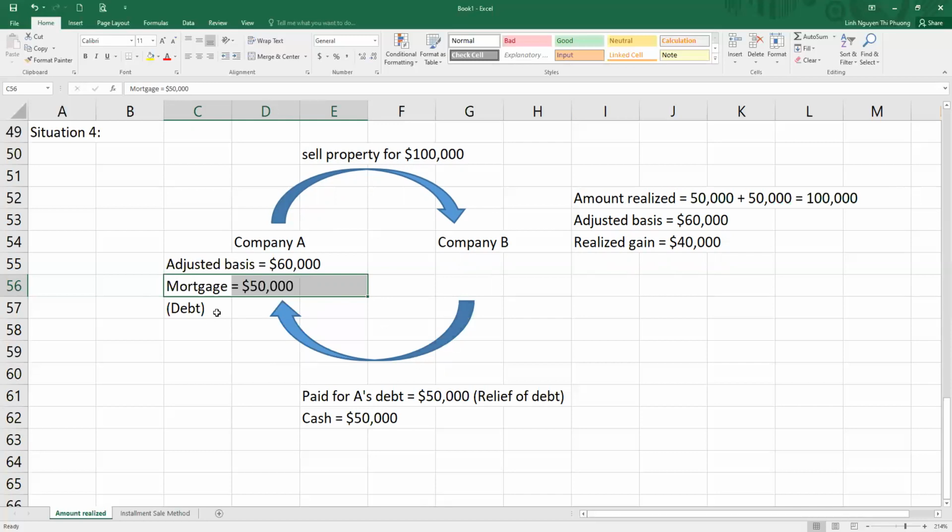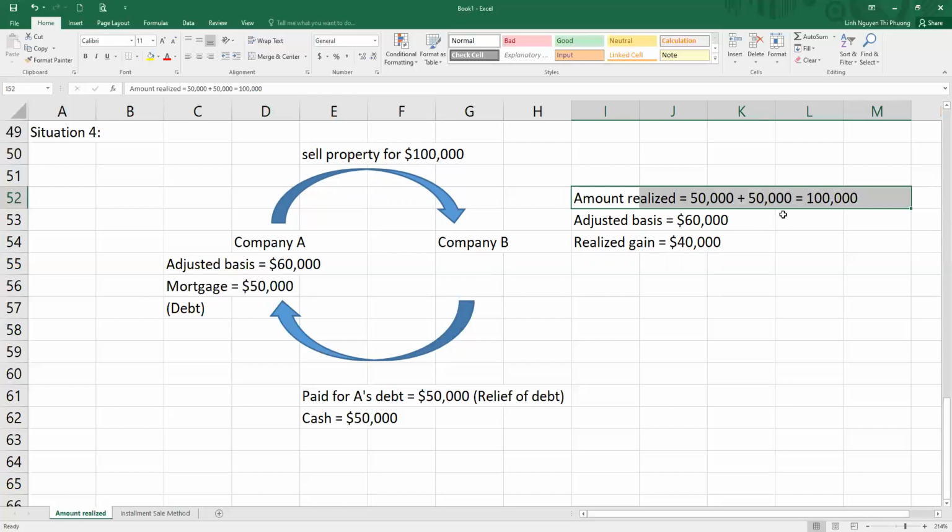So company B says, I have 50,000 cash that I can give to you, and I will pay your debt, which is the mortgage of $50,000. So in this case, the amount realized will be equal to 50,000 cash plus 50,000 relief of debt, and that will give you 100,000.